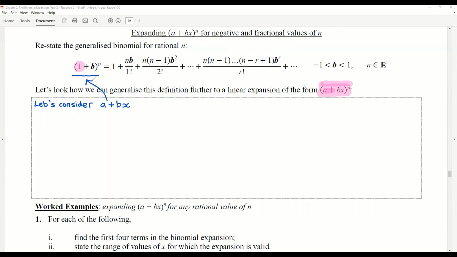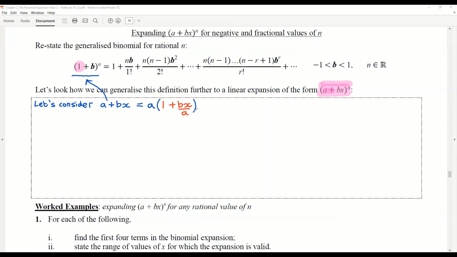Well, we have to come up with a factorization. So we know this is the same as, and we factor out the a, and then just think what will go inside the bracket. Well, to get a as our first term, we of course need a 1, and then we have factored out an a from the bx. So in order to balance this or compensate for this, we must divide by a inside the bracket.